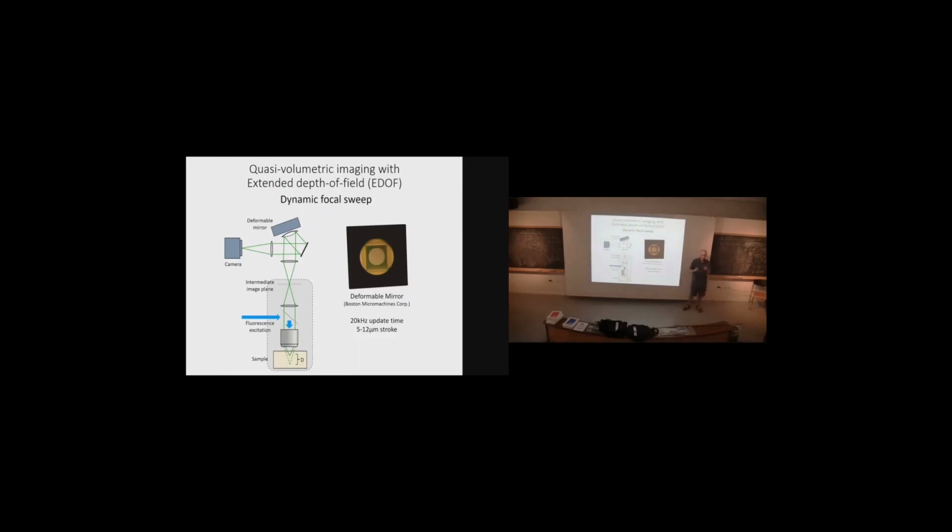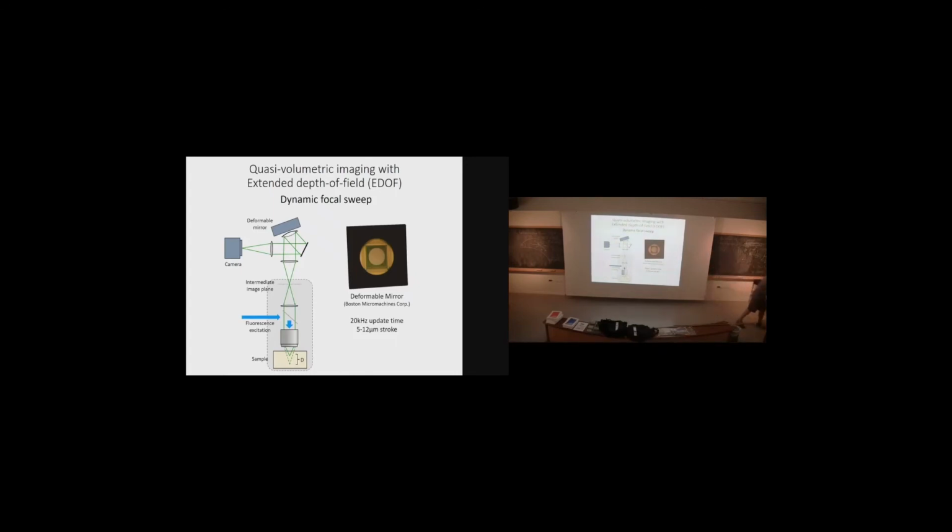And I was hesitant to use these devices initially because I knew that the stroke on these, the maximum excursion that these MEMS mirrors could take, at least the ones I have to use, the mirrors from Boston Micro Machines, by the way, I have no choice, so it has to come from Boston Micro Machines. And these have a stroke of maximum 10, 12 microns. And I thought, well, a 10, 12 micron stroke, that's not going to give me a very large focal range, right?